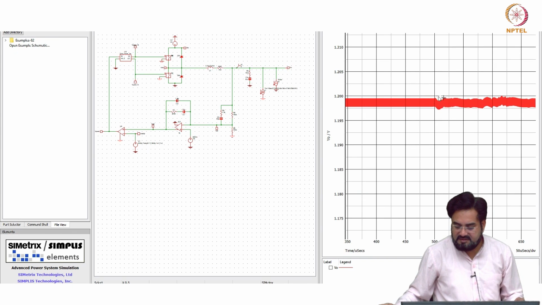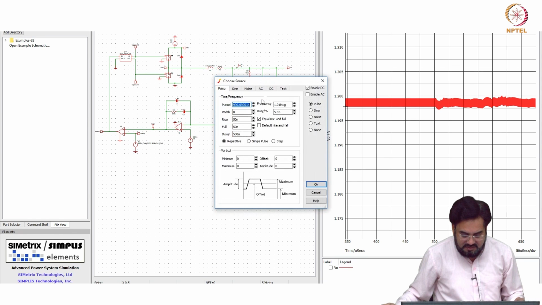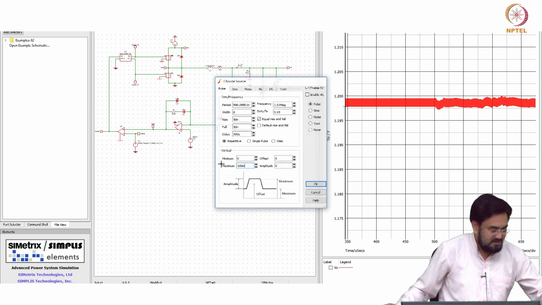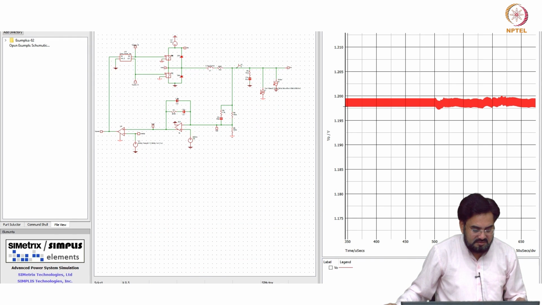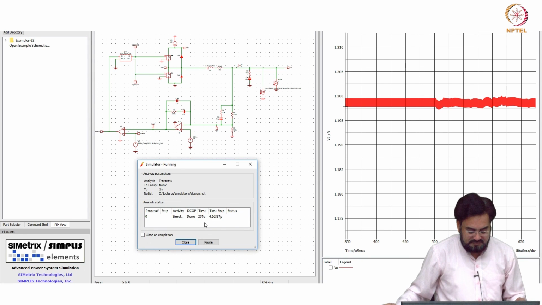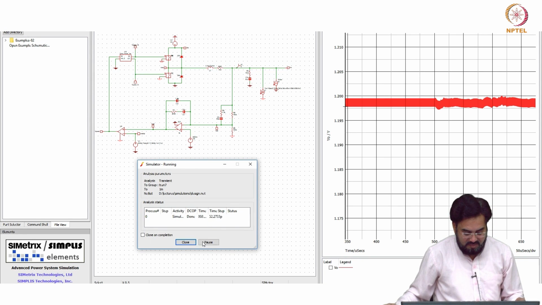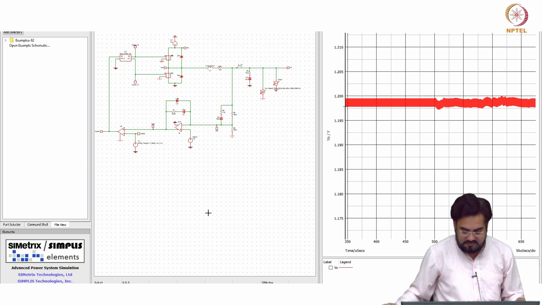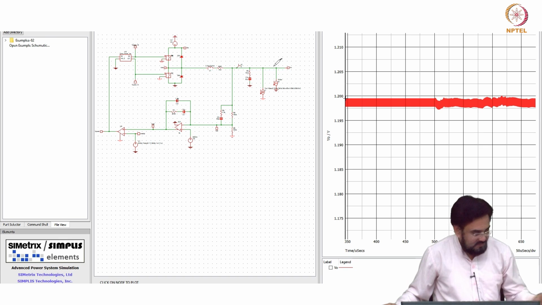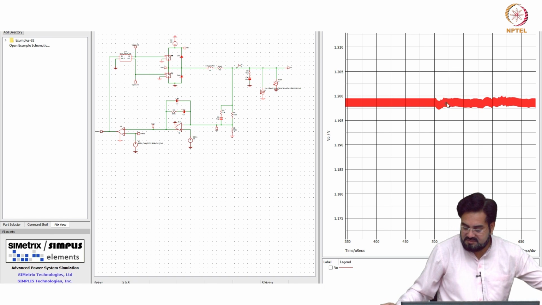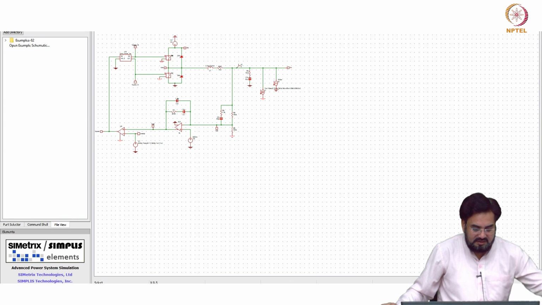So you get a very clean, good output. And now let me first show you the current probe.